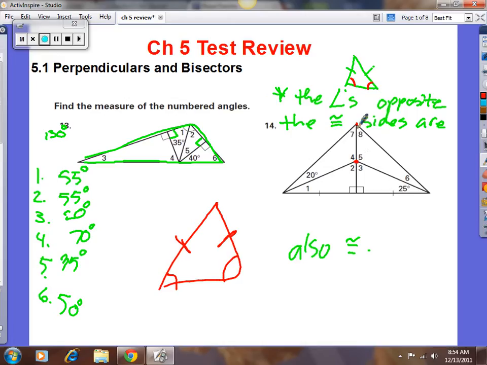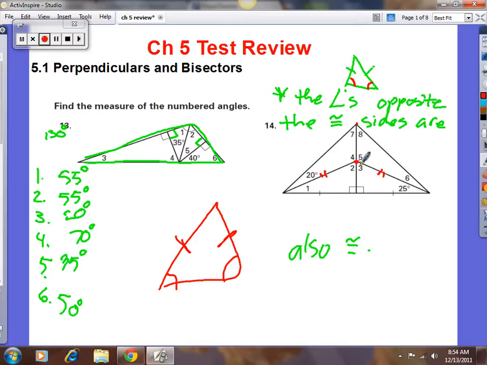Here's your theorem, your perpendicular bisector theorem. These 2 points land on perpendicular bisectors because this line right here hits it at 90 degrees and it cuts it in half. So it's your perpendicular bisector. That means this segment right here, put 2 dashes on it. And this segment right here, put 2 dashes on it.